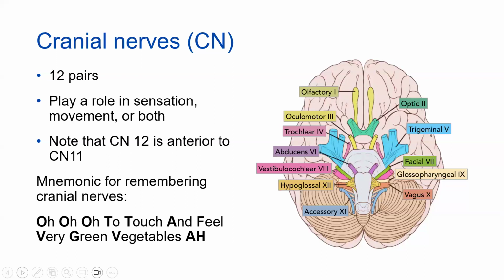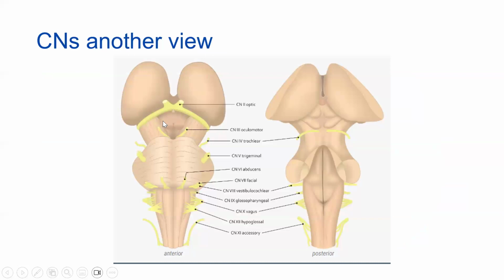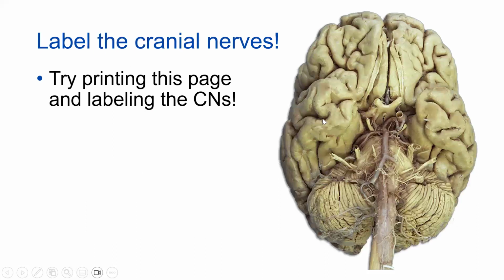So for example, here, or here, where you can see the midbrain, pons, and medulla from the anterior and posterior view. Actually, from the posterior view, you really can just appreciate the trochlear nerve, which looks like a little mustache. But from the anterior view, you could appreciate all cranial nerves except for cranial nerve 1. So I would suggest printing out this picture and just trying to label the cranial nerves from here.